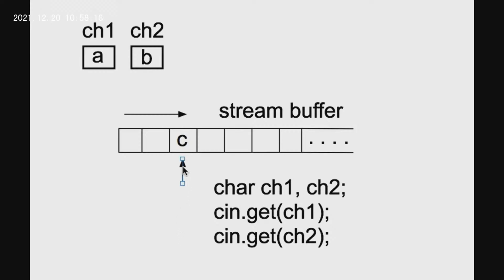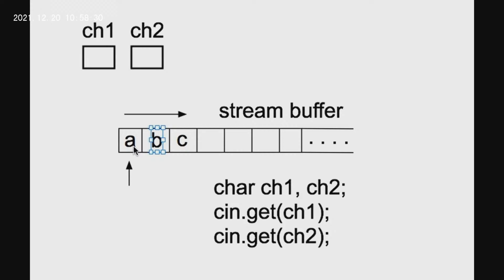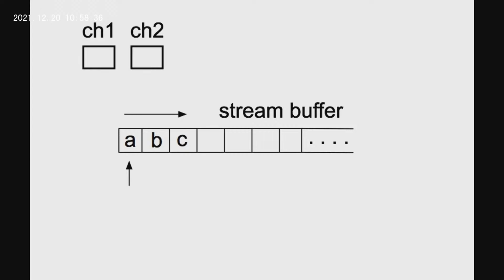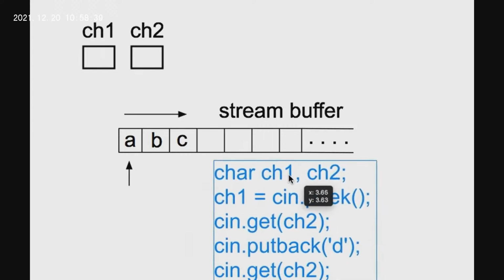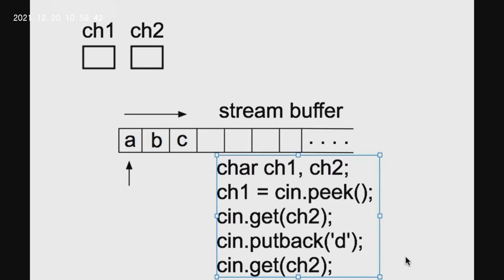Okay, let's reset our program so that the user has typed A first, then B, and then C. The first thing to be read will be A. But let's change our program. We're not going to be using just get anymore; let's use a combination of several statements.